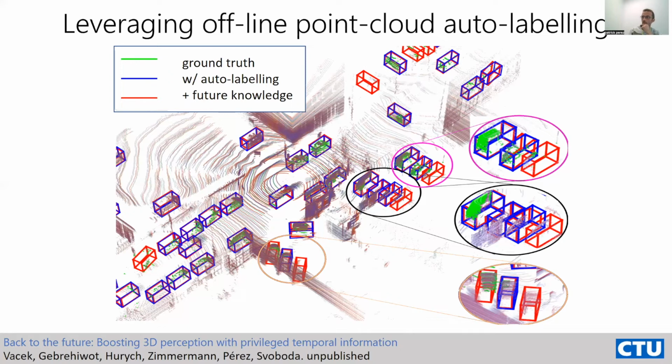In blue, these are the detected objects without access to this privileged information. And red is the one you obtain with a sequential model, but which has benefited from the knowledge of the teacher, which was trained with the future information. So it's quite effective.